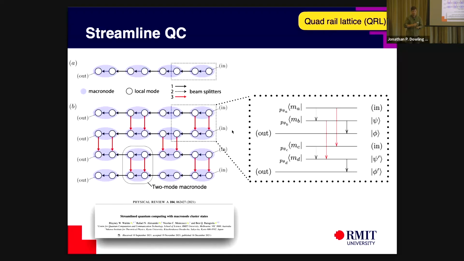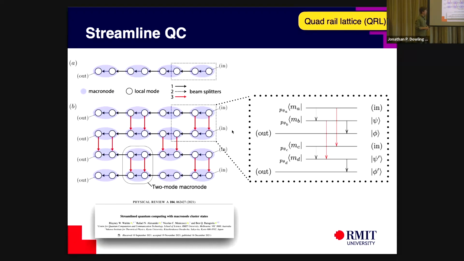You group them into groups of 4 modes, and you say that's a macro node, and that's how I'm going to see the cluster state. The other way is to just group them into these standard macro nodes, into macro node wires like this, the rows. And then you have a two-mode cluster state that is macro node wires connected with beam splitters between them.